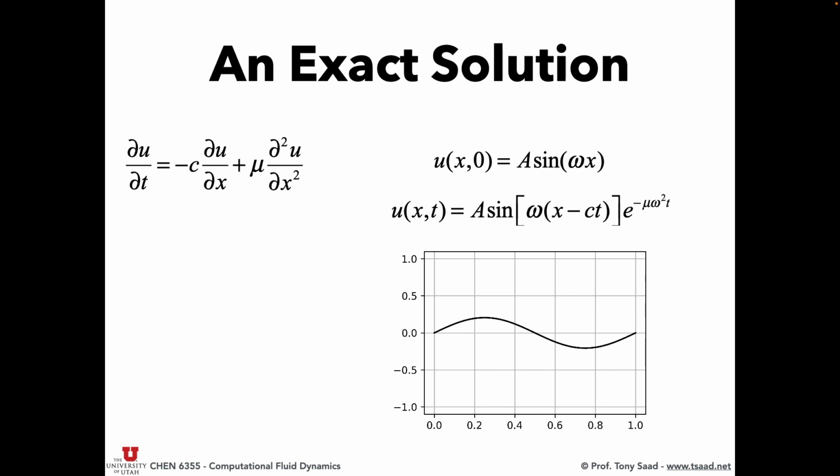If you think about this, this is the advection part that's moving that signal, and this is the diffusion part that is diffusing it. Advection, diffusion. Anyway, we'll worry about that once we get to doing some error analysis.